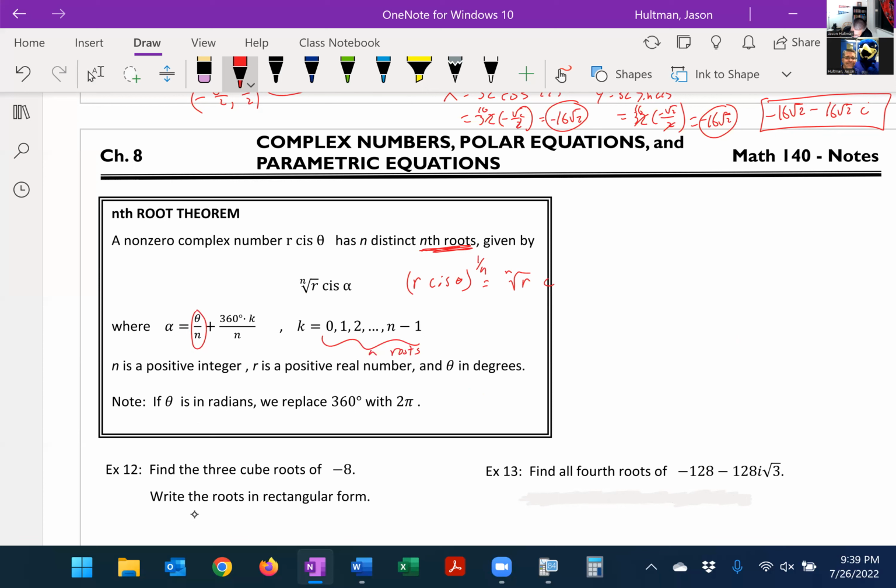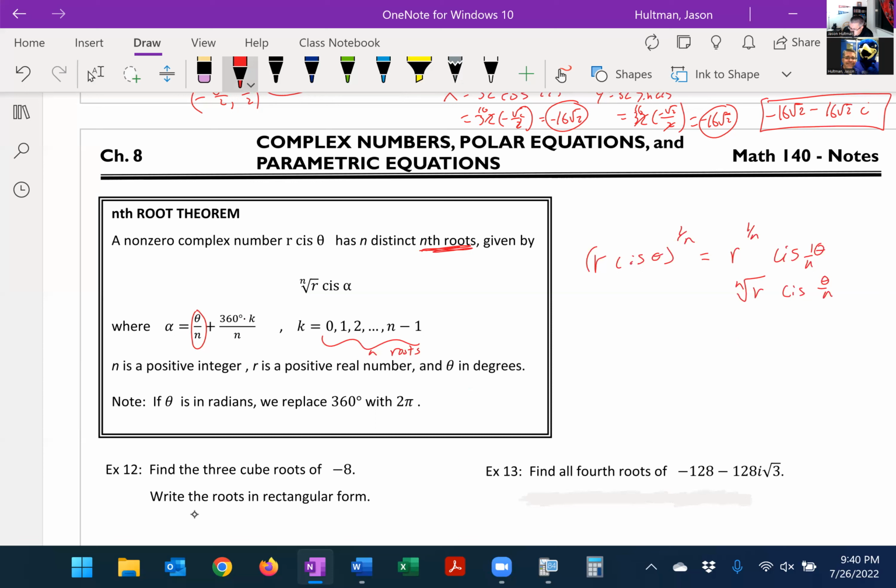So r CIS theta to the 1 over n is equal to r to the 1 over n CIS theta times 1 over n. This is going to be the nth root of r times CIS theta over n.